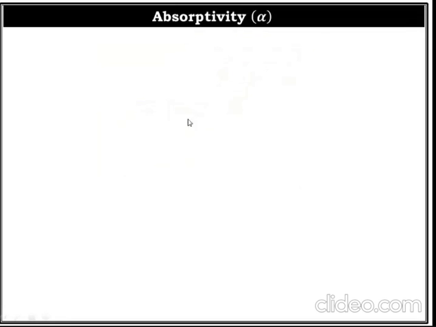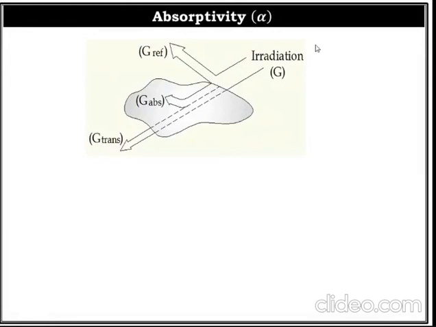Now absorptivity, everyone knows, we already learned it in 12th standard itself. Whenever irradiation, that is total radiation, is received on any surface, some part gets reflected from the surface, that is called reflection. Some part gets absorbed within the body, the absorbed part, and some part transfers directly through that surface and moves ahead through the body to the second side.